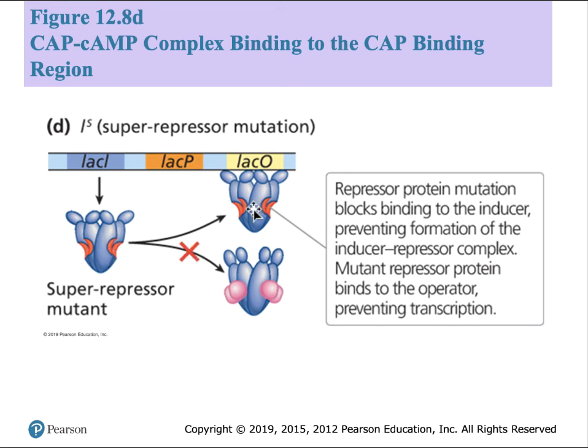The only thing it can do is bind to a normal Lac operator if it can find one. And once it finds it, it cannot be pulled off in the presence of allolactose. The result is that that particular segment of DNA will be permanently shut down, apart from the leaky example that we gave earlier, 1 or 2%.